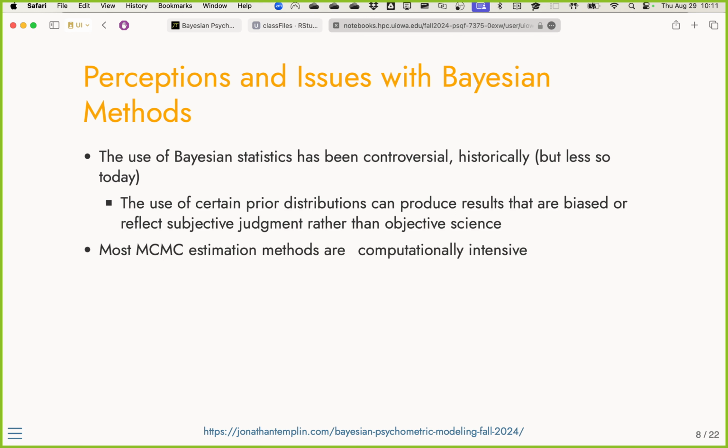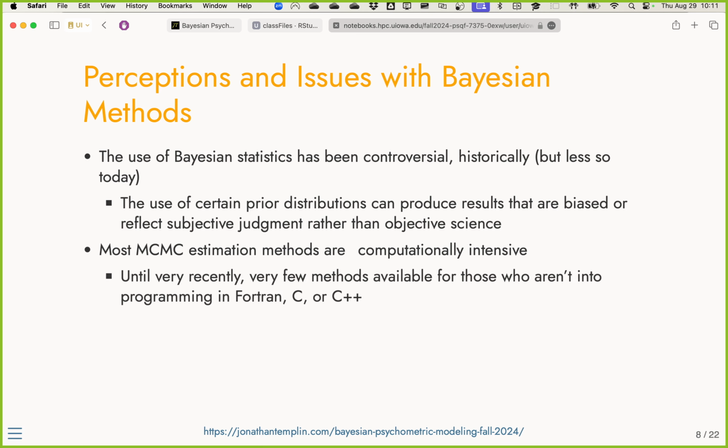Additionally, one of the barriers with using methods like Markov chain Monte Carlo is that they are computationally intensive. They take a long time to run relative to frequentist analysis on basic models. And until very recently, very few methods were available for those of you who weren't fluent in Fortran, C, or C++.